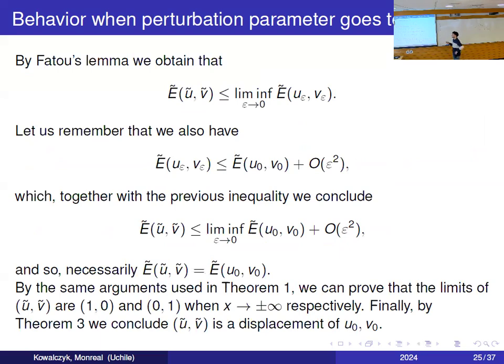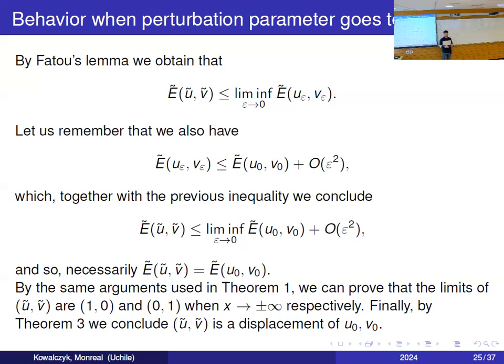We want to show that, but we know that the energy functional has just positive terms, so we can use Fatou's lemma and see that the energy of the limit is lower or equal than the limit of the energy. Using the energy estimate that we proved before, we replace it and, taking epsilon to 0, we show that necessarily this Thomas-Fermi approximation energy has to be equal to the minimum.